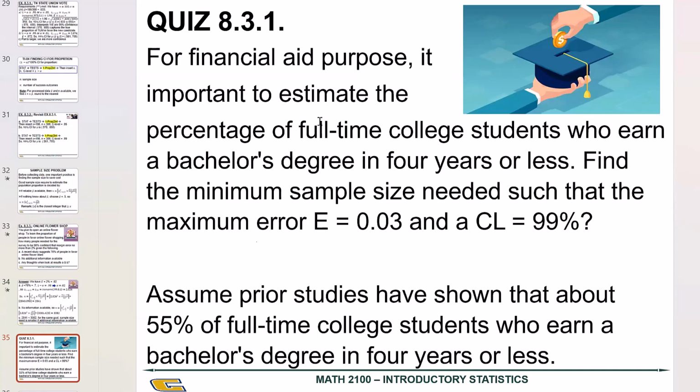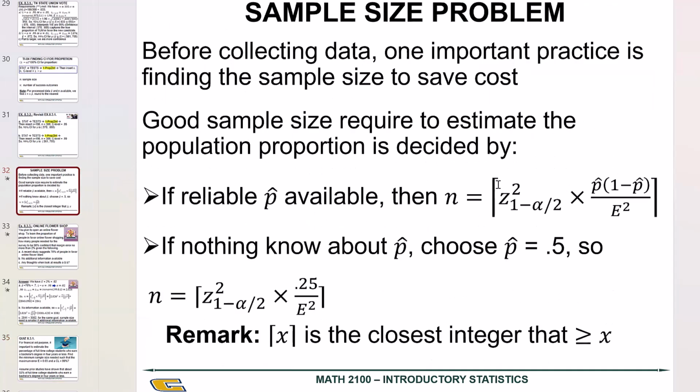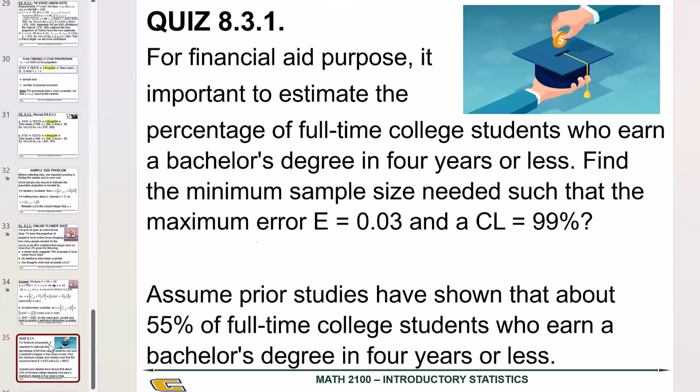And you have to go with the first track: z sub 1 minus alpha over 2, squared, times p-hat times 1 minus p-hat, divided by the error squared. The error here is 0.03, and the p-hat is 0.55. What remains is the critical value z sub 1 minus alpha over 2. In this case alpha is 0.01, because the confidence level is 99%.